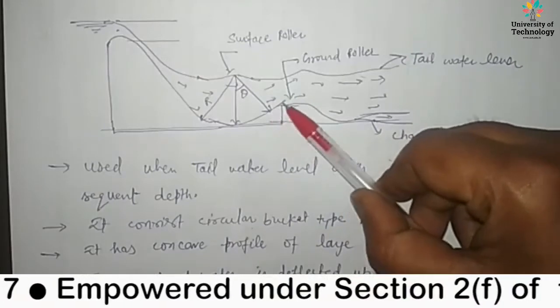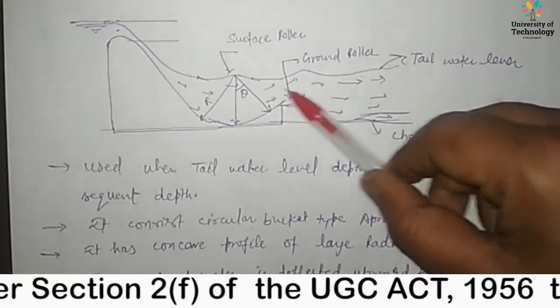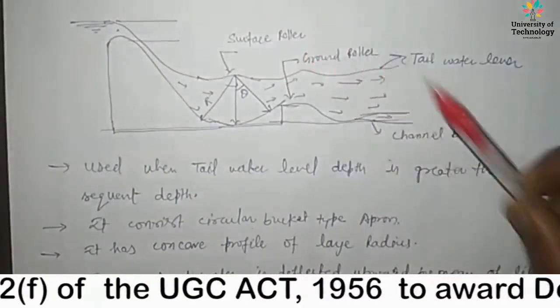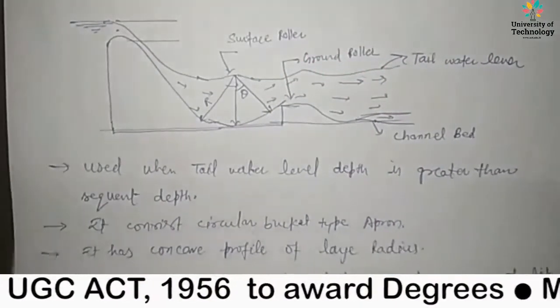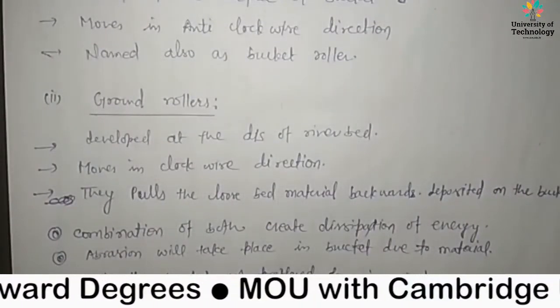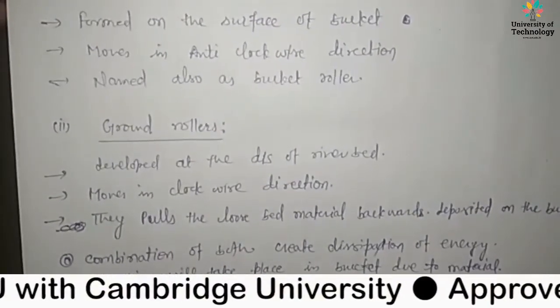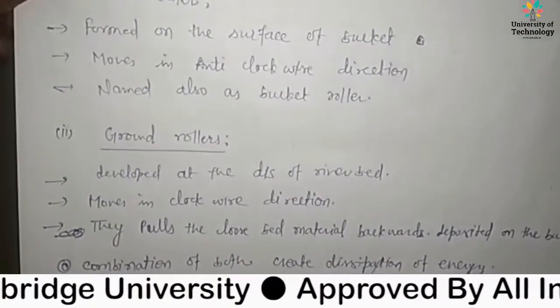This part is known as the lip at the end of the bucket, and the two elliptical rollers, surface roller and ground roller, are formed. So what is the surface roller and what is the ground roller?